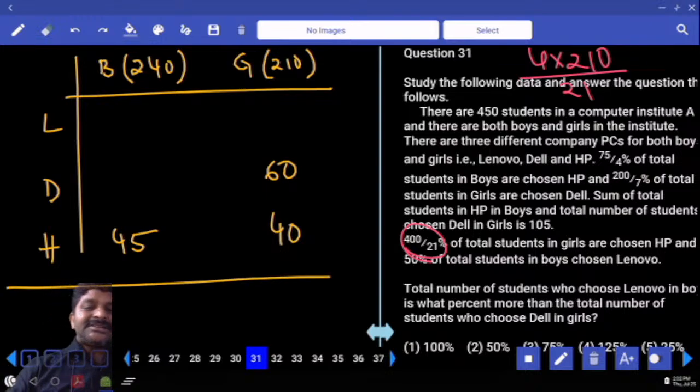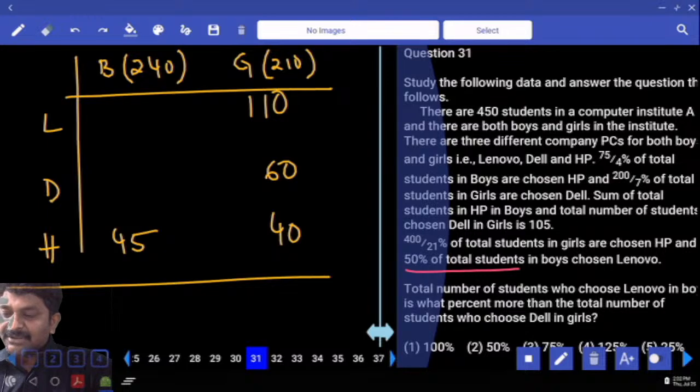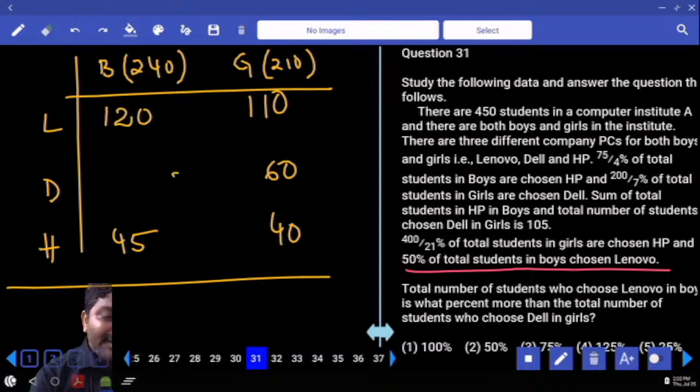Out of total girls, already 100 we have. Remaining 110. Understood? Next. 50% of the total students in boys have chosen Lenovo. 50% of boys is 120. Then these two should be equal to 120. That becomes 75.